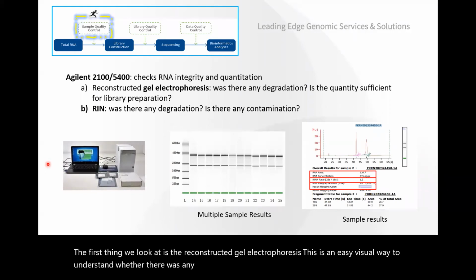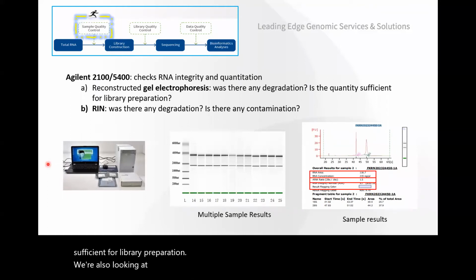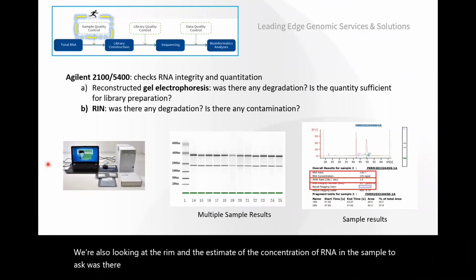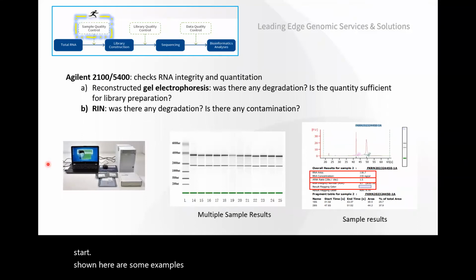We also can ask whether the quantity is sufficient for library preparation. We're also looking at the RIN and the estimate of the concentration of RNA in the sample to ask, was there any degradation? Is there any contamination? Do we have enough material to start? Shown here are some examples of what happens when we use this system.